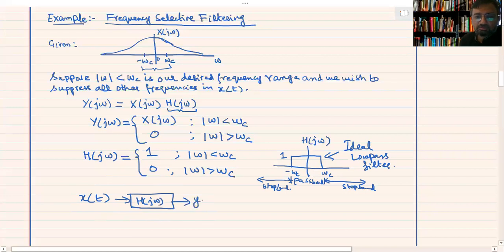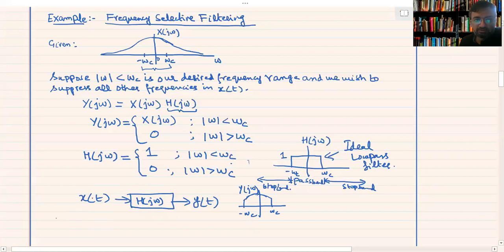So if we design an ideal low pass filter, then at the output we will see an output y(t), which will only contain the frequencies of X(jω) in our desired range. So the output response will look something like this, minus ω_c. This will be our Y(jω). So here the convolution property has helped us in solving this problem.